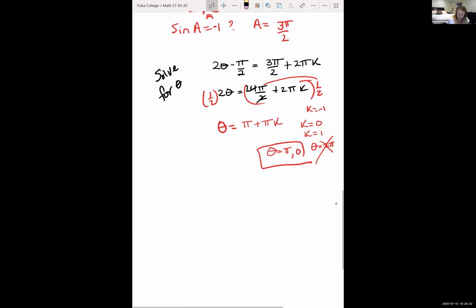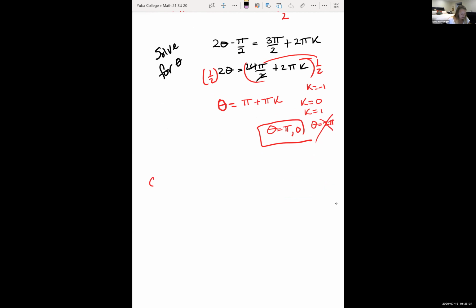So C, that would have been sine squared theta minus cosine squared theta is equal to 1 plus cosine theta. So when solving equations, a lot of times if you can't factor it and set it equal to 0, it's helpful to have everything in terms of the same trig function.